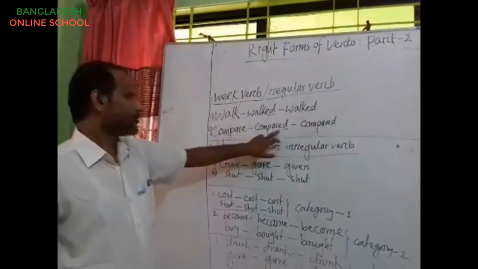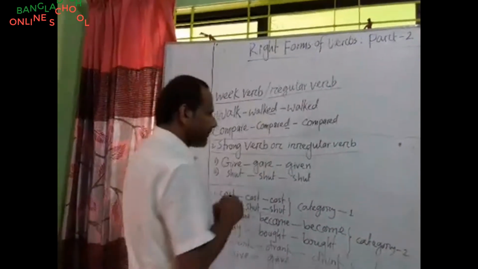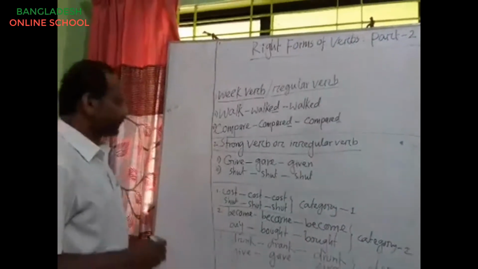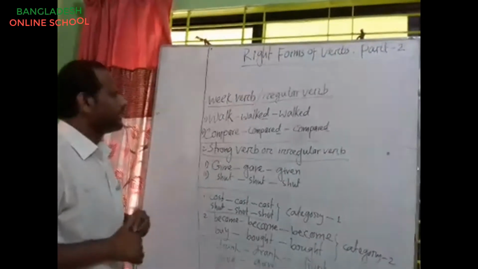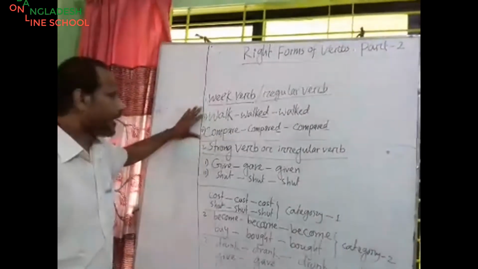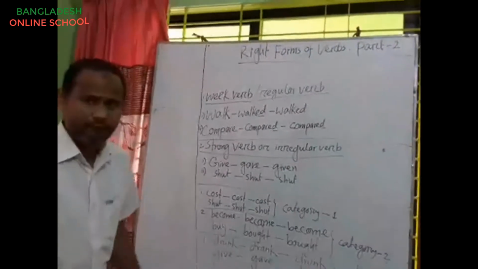At the end of the base form, d is used, and at the past participle form, d is used. So, in these 2 examples, d or ed is used. That is why these verbs are called weak verb or regular verb.